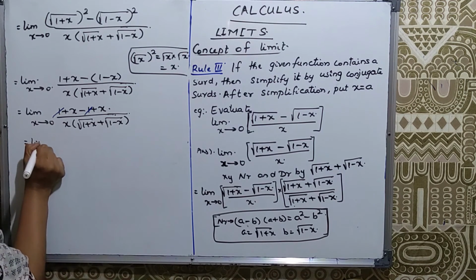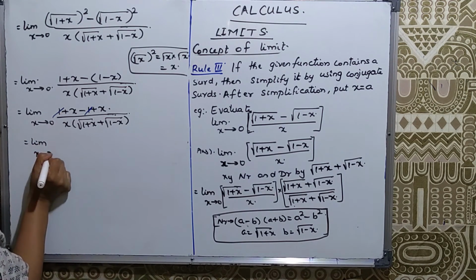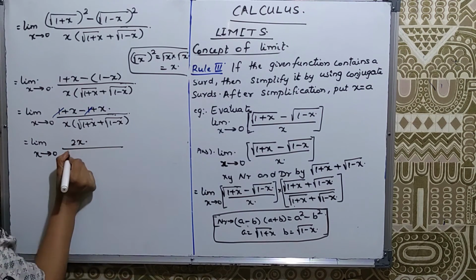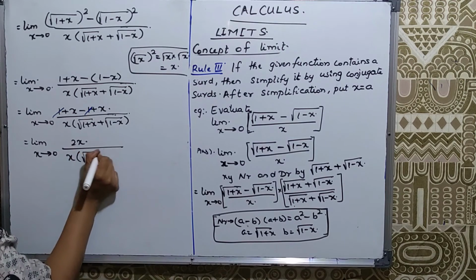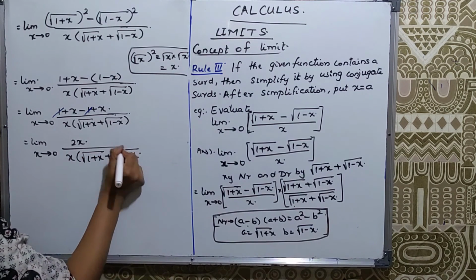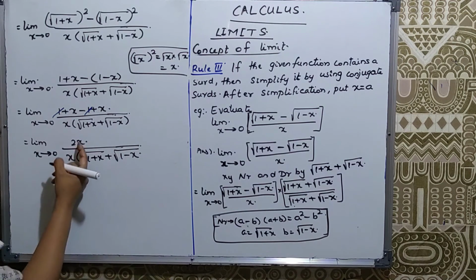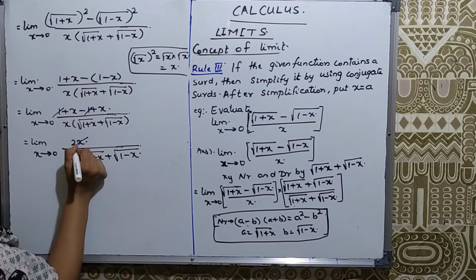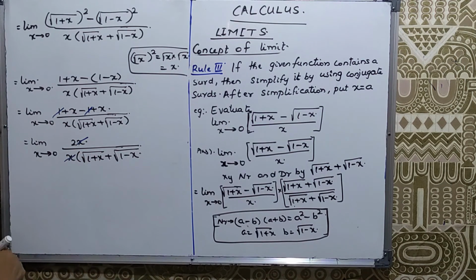So it will be limit x tends to 0, 2x divided by x into (root of 1 plus x plus root of 1 minus x). Now x in the numerator and x in the denominator will be cancelled.